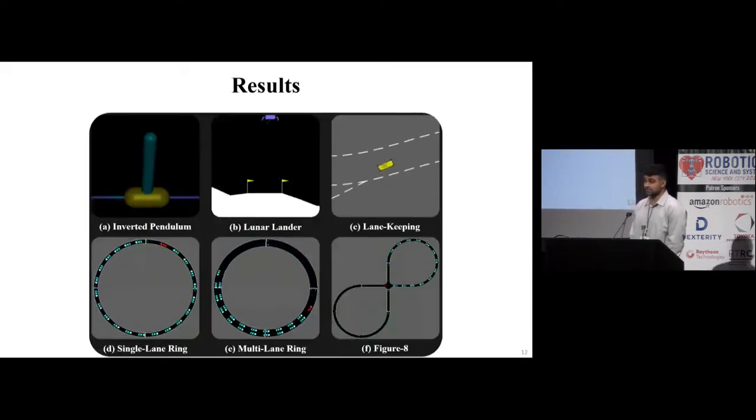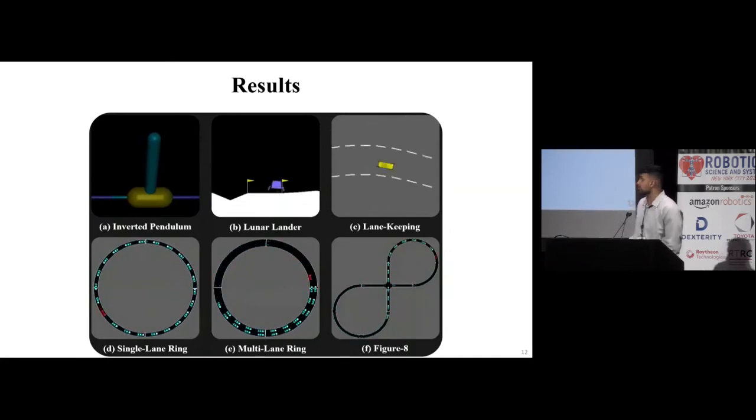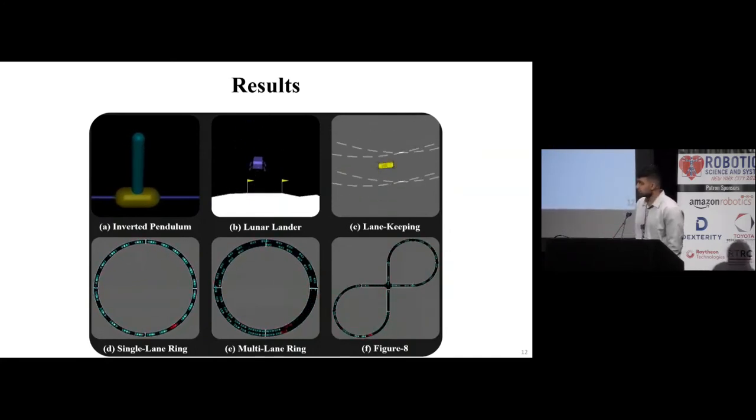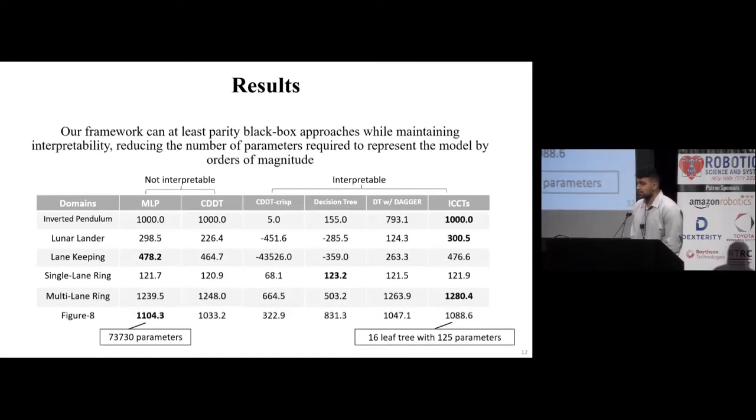To evaluate our ICCTs, we test across 6 domains. Several are common continuous control problems, such as inverted pendulum and lunar lander, while others are autonomous driving domains. In this table, we show several models trained via soft actor critic across the respective domains. In most domains, we see that ICCTs is the highest performing method.